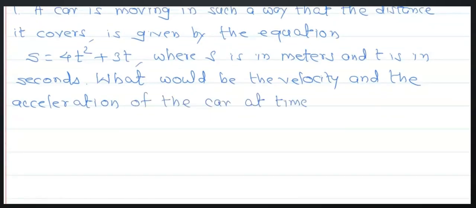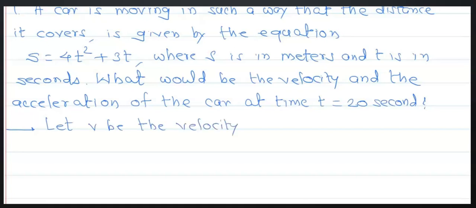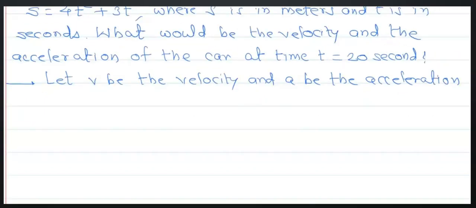What should be the velocity and the acceleration of the car at t equal to 20 seconds? Let v be the velocity and a be the acceleration of the car.